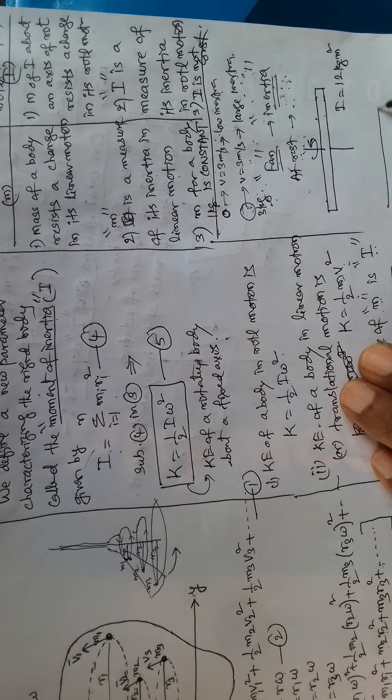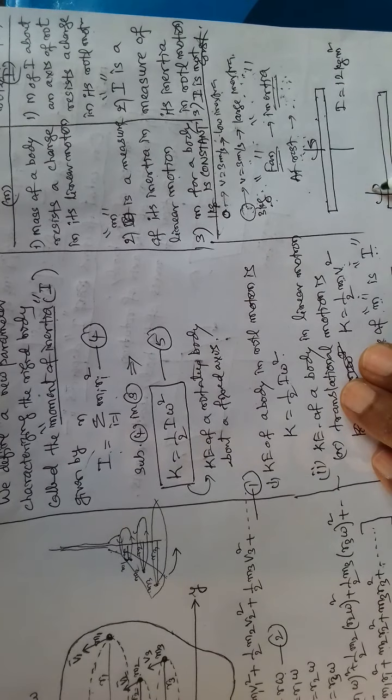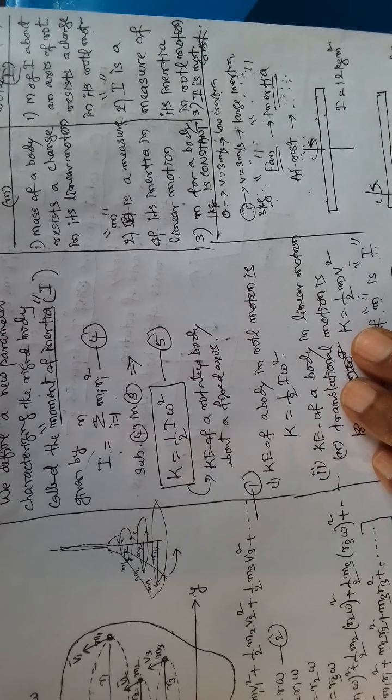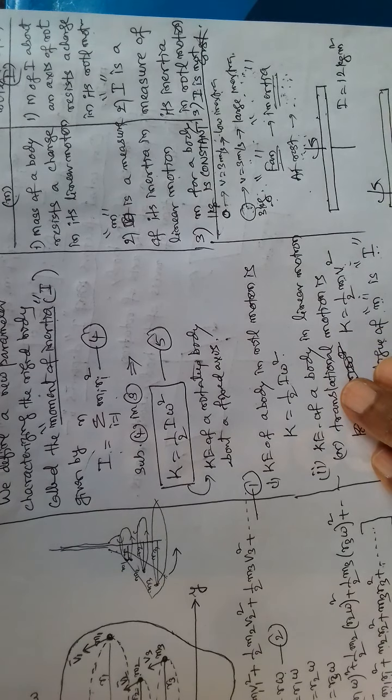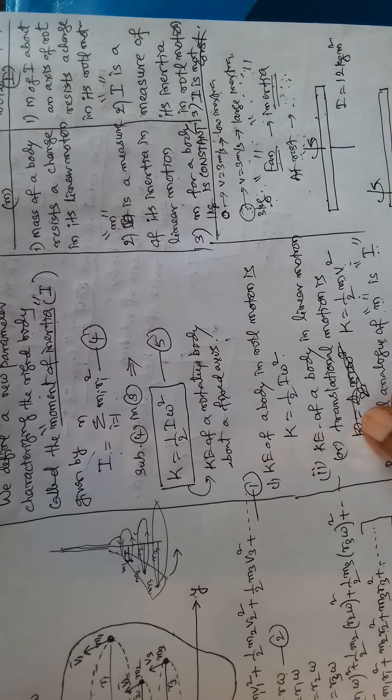If the same meter scale is made to rotate about this axis, this time it will have a moment of inertia of some 20 kg meter square. Like that. So for a given body, I value is not constant. It depends upon the axis of rotation.